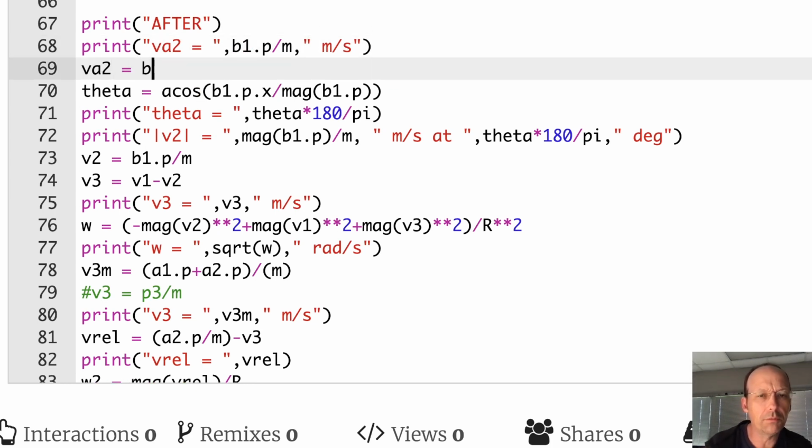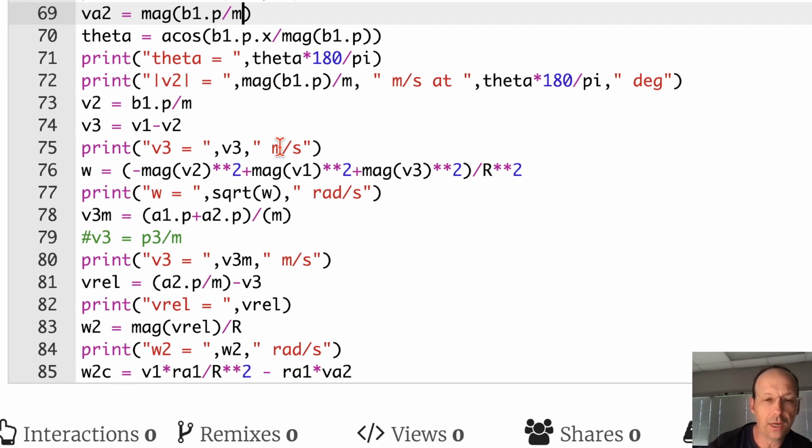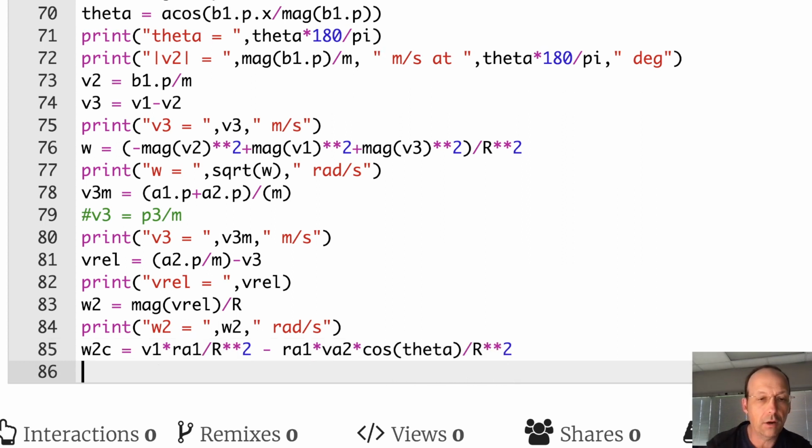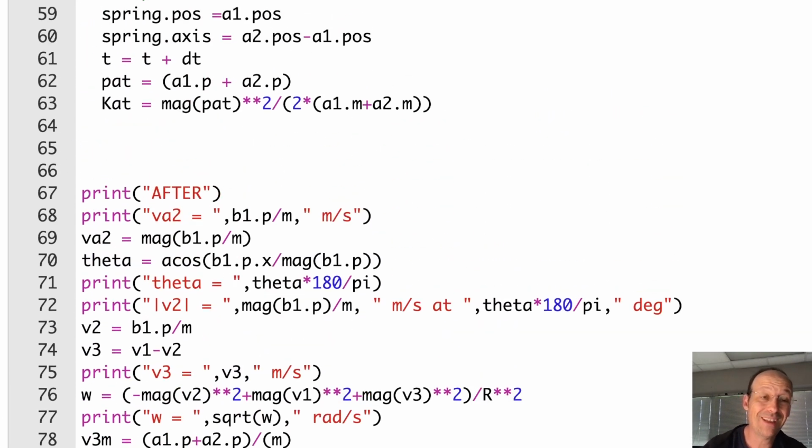VA2 equals b1.p magnitude, b1.p divided by m. And then I do have theta right there, so I can use that theta. VA2 times cosine theta, divided by r squared. Okay, and let's print that. Let's see if it's the same. W2C calculated. This may not work, but I think it's going to work.